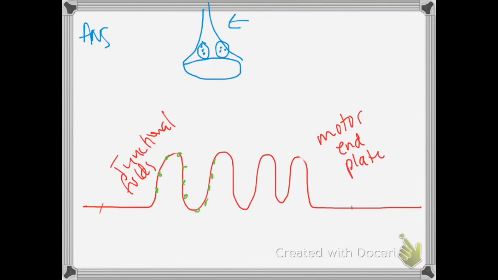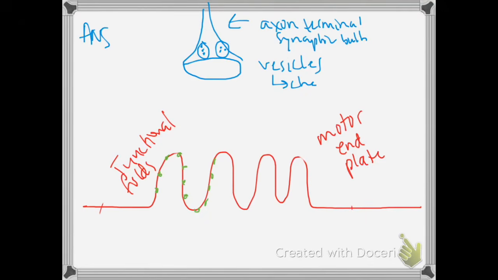I know that at this axon terminal, or at this synaptic bulb, I have vesicles, and these vesicles contain chemicals. These chemicals are called neurotransmitters. So these neurotransmitters can bind to receptors on the opposite side and cause some changes to this muscle cell.